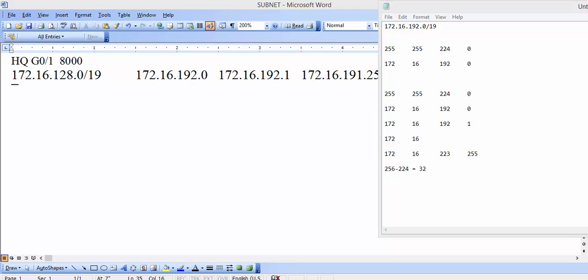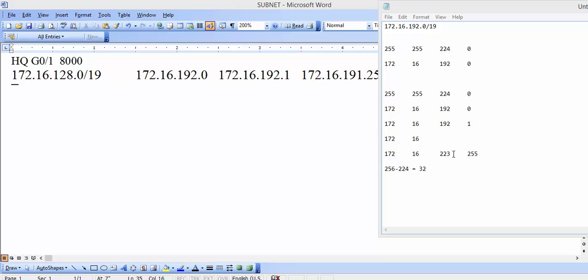And for the last valid host address, we start from the broadcast address and work up.